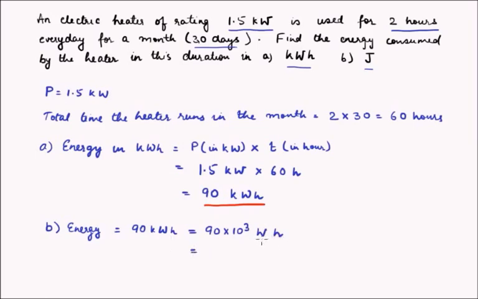watt is now in the SI unit, but hour is not the SI unit. We need to convert the hour into second. So how can we do that? 90 into 10 to the power 3 watt times 1 hour is 60 minutes and 1 minute is 60 seconds.